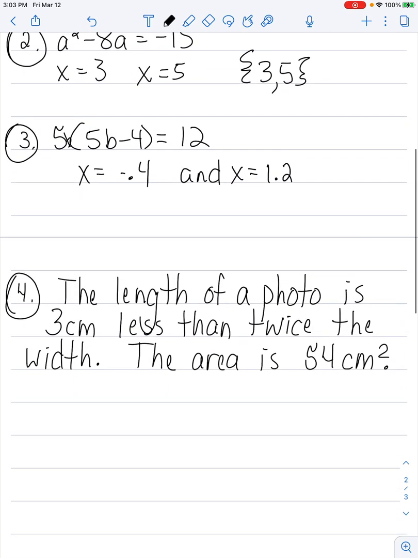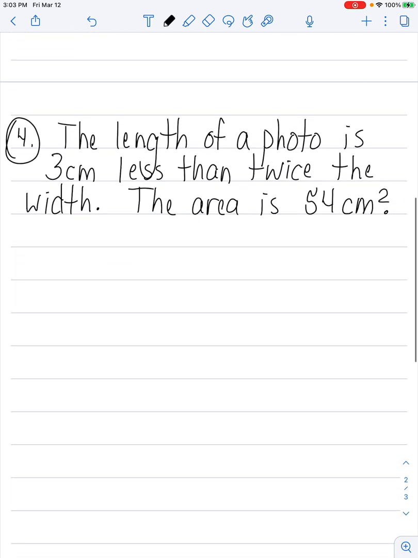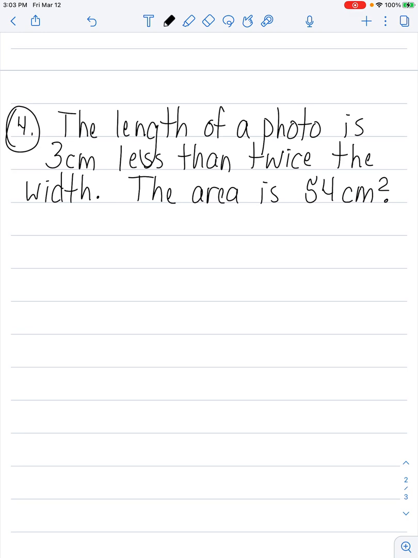Typically, they'll have to do with area, so that's the one I'm going to practice. Pause the video and copy this problem, please. It says the length of a photo is 3 centimeters less than twice the width. When we think of a photo, we have length and width.